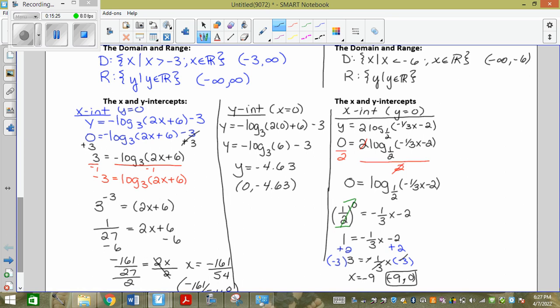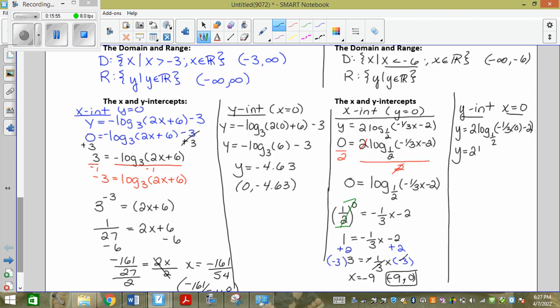Okay, my y-intercept, I've already looked at the graph, so I know my y-intercept actually doesn't exist because the graph is completely less than negative 6, right? So it's up here, it shows that. So it's not going to cross the y-axis. So let's show why. For your y-intercept x equals 0, so I'm going to get y equals 2 log base 1/2 of negative 1/3 times 0 minus 2.